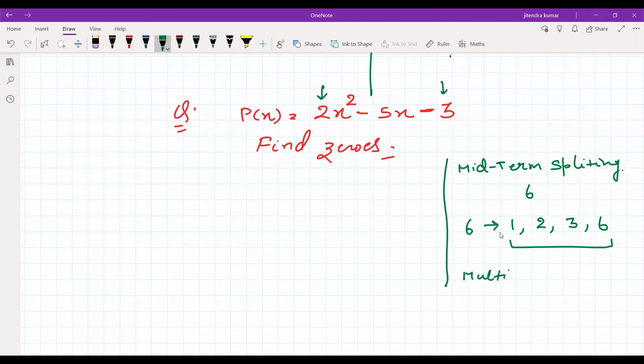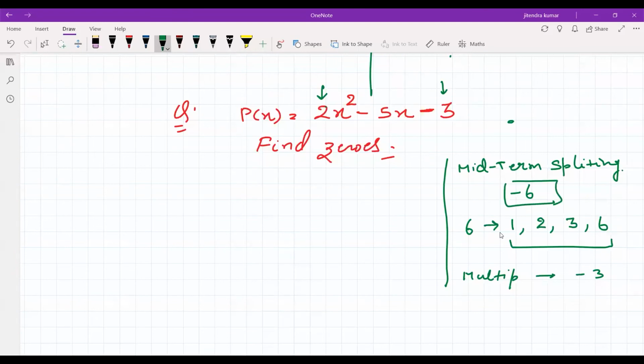We also have to take care that we can take either positive or negative numbers, like +1 or -1, +2 or -2, +3 or -3. So we have to choose two numbers whose multiplication should be equal to -6, because 2 into -3 is -6.